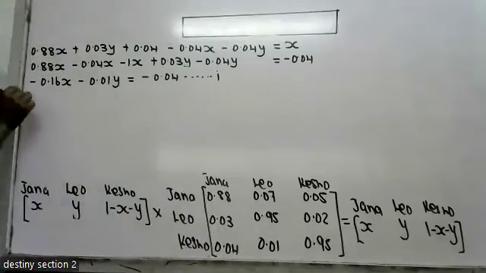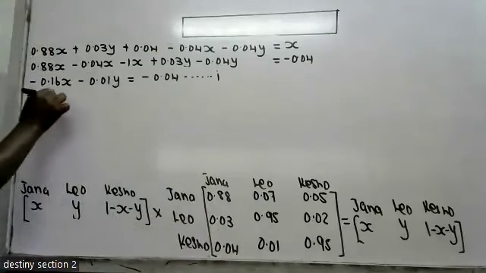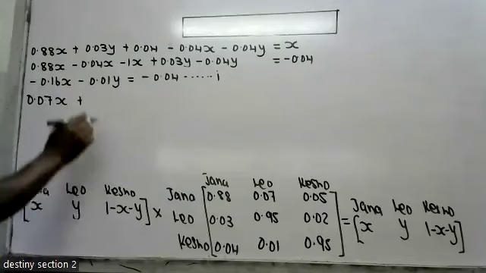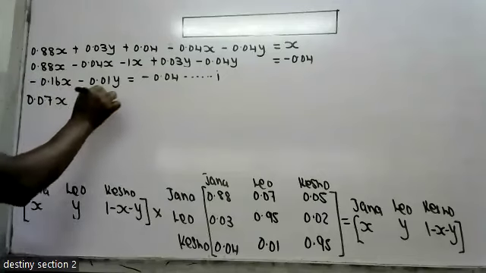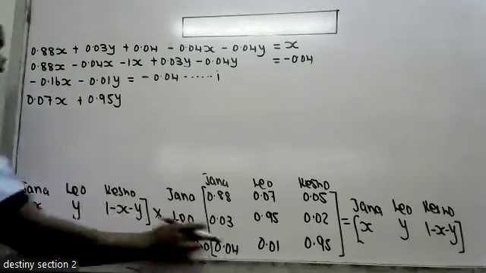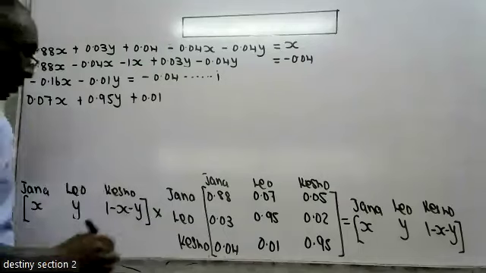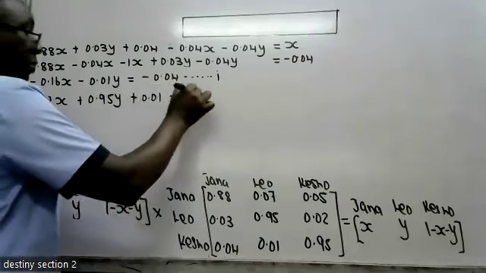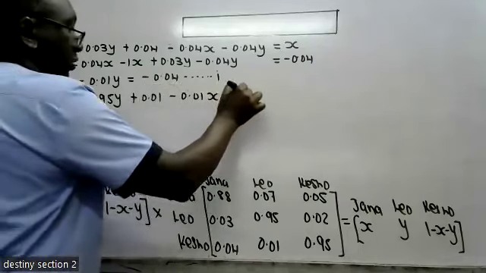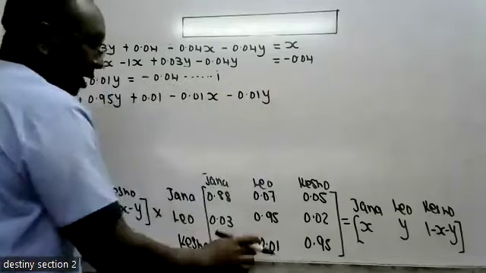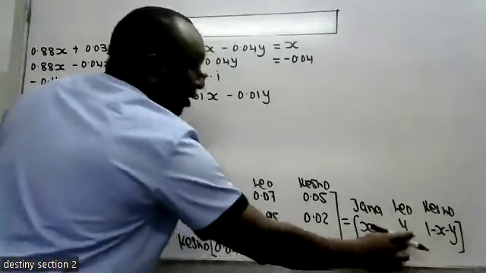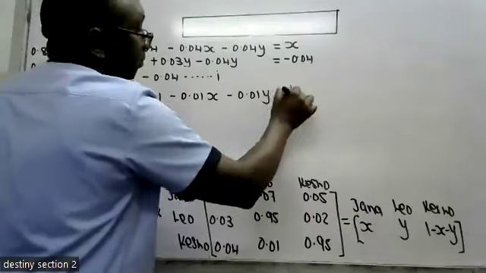So it's going to be 0.07x plus 0.95y. This and this is plus 0.01 minus 0.01x minus 0.01y. They should now give us the second answer here, y.